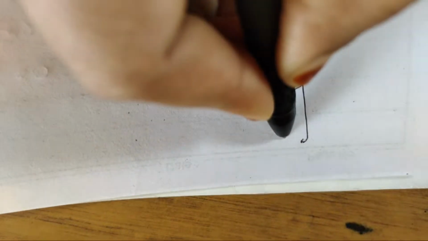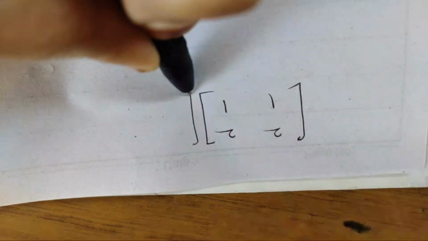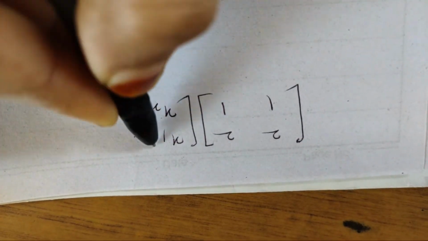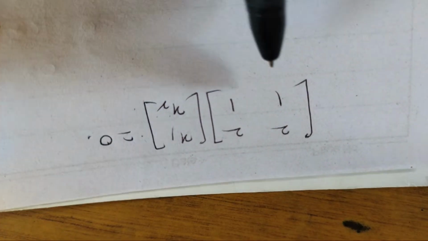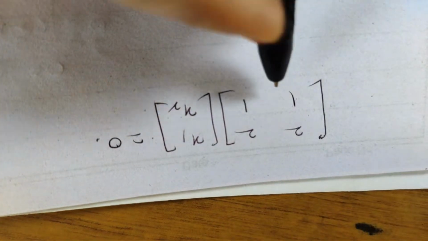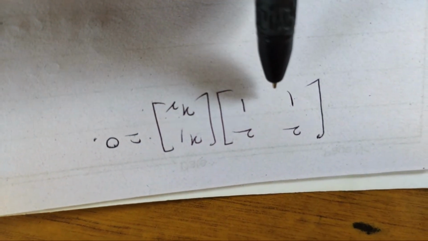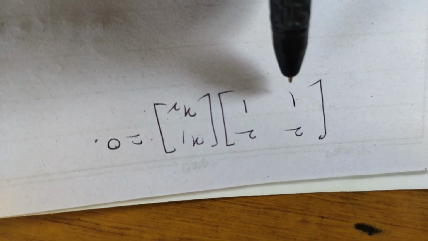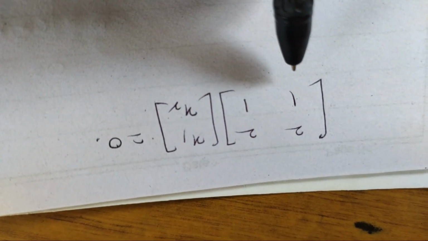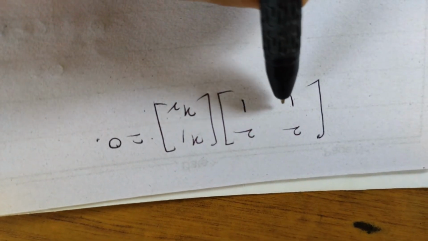What matrix did we get? 2, 2, 1 and 1, x1, x2, which is equal to 0. Now we can reduce this into the echelon form, or you can go by the substitution method. But when you apply that method, the two equations you take should not be identical. So here I am going to apply the echelon form.